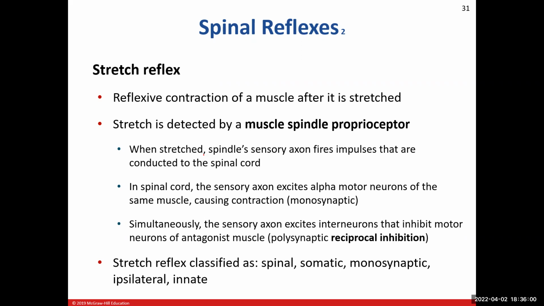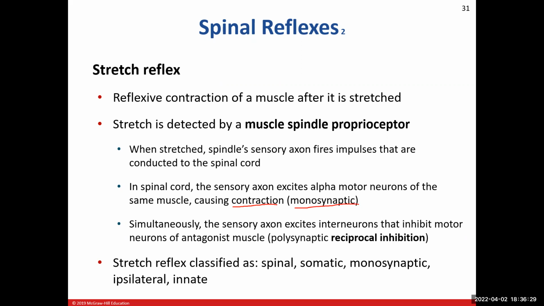And then in the spinal cord, those sensory neurons are going to stimulate the larger motor neurons, the alpha motor neurons, of that same muscle. And so that is going to cause that muscle to contract. Since the sensory neuron directly synapses on the alpha motor neuron, that is a monosynaptic reflex.